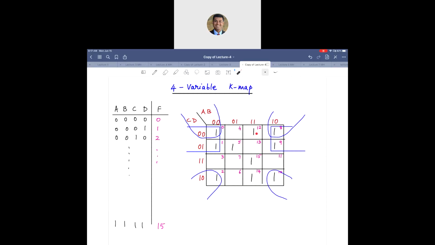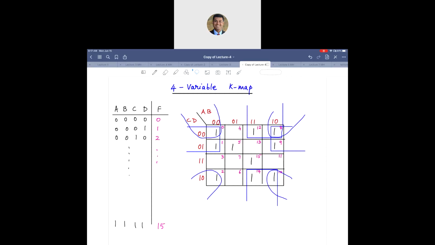However, let's see. This guy can only go with this guy, but this guy can be combined with, oh, you're right. I missed that one. Another group of 4 ones is possible. That and that. Yes, you can make a third group of 4 ones.